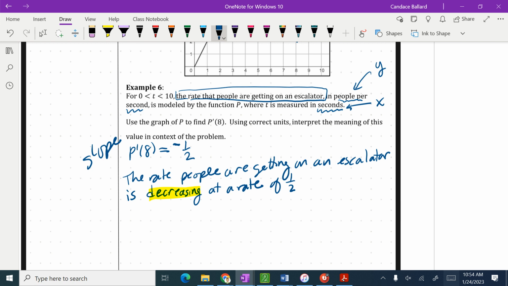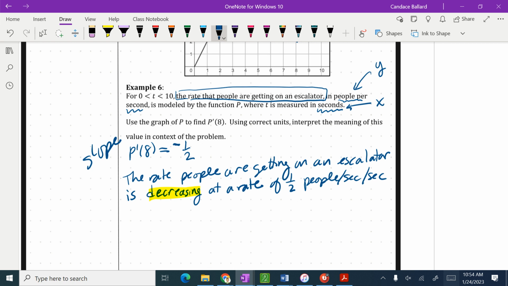Decreasing at a rate of 1/2, we've got to put the label. What's our label going to be? Look at what we pointed out in the problem. People per second, right? Because this was the label on the Y, or the P of T, people per second. And then the label on the T is seconds. So it's people per second, or people per second squared.